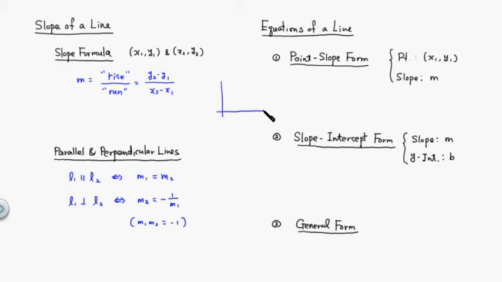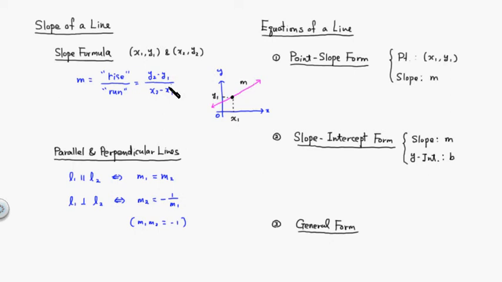You have the x-axis and the y-axis, a line, and a point, which is given to be x1, y1, and the slope is m.